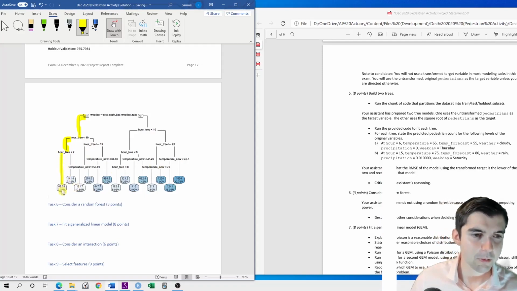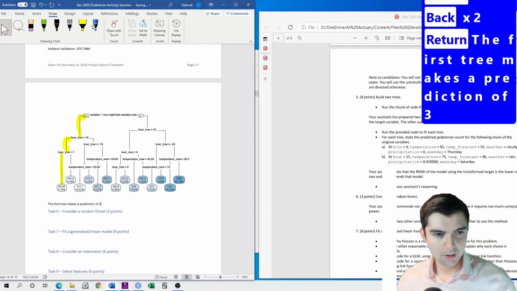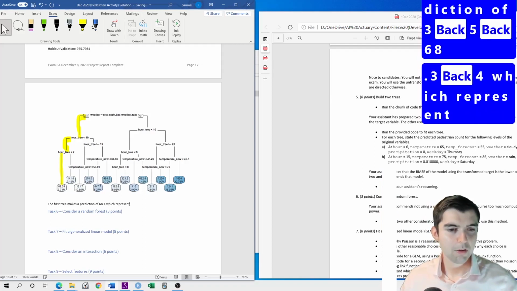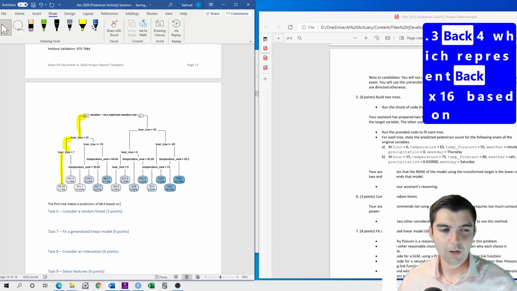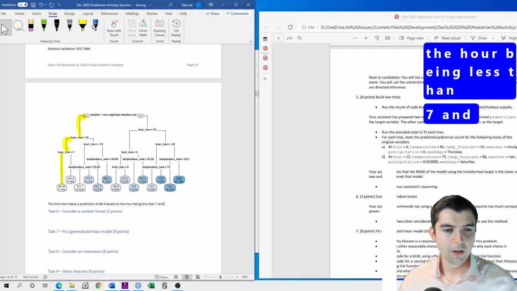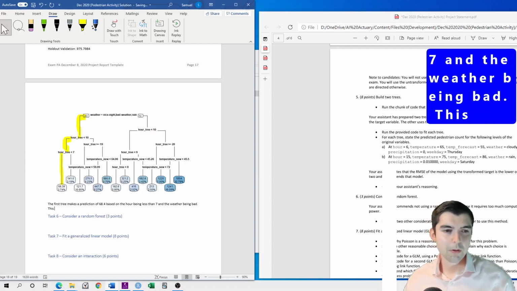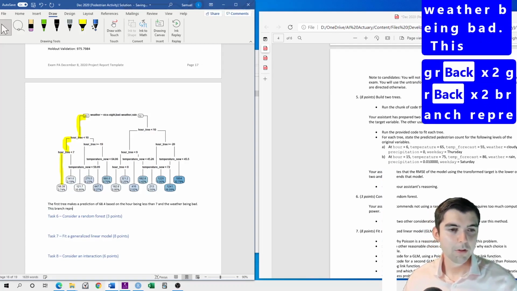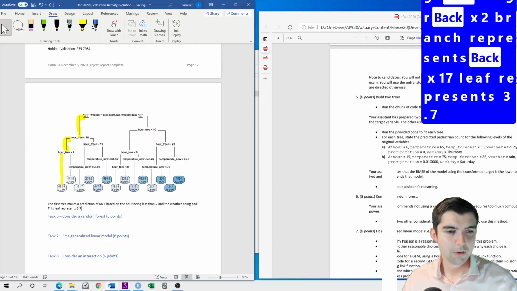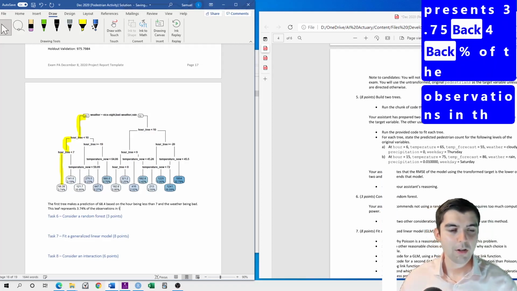So that makes a prediction of about 68.4, based on the hour being less than 7 and the weather being bad. This branch represents this leaf, 3.74% of the observations in the data.